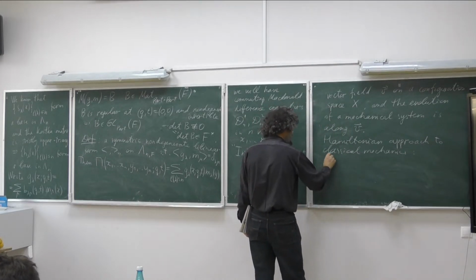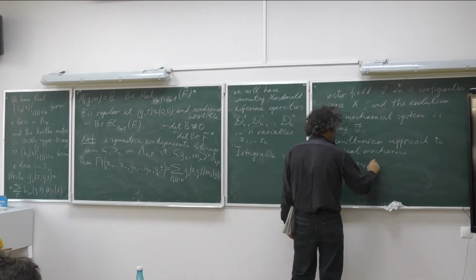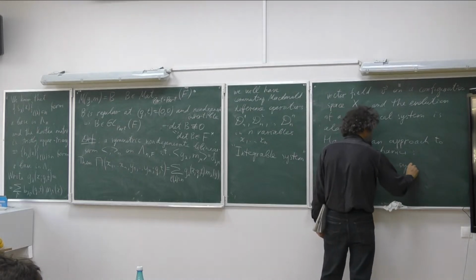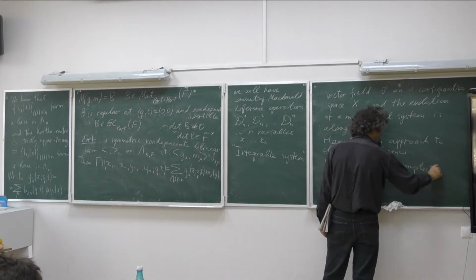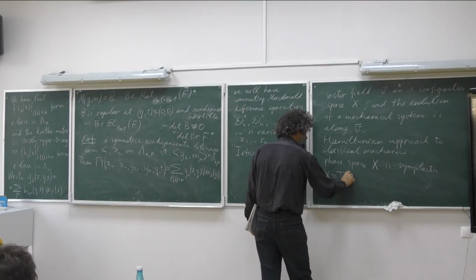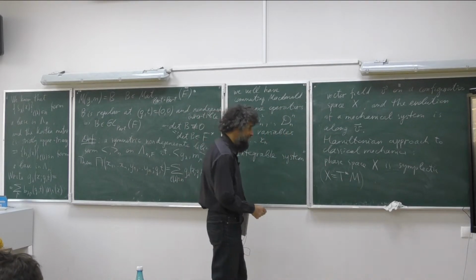When the phase space X is symplectic, say maybe X is the cotangent bundle to some other half-dimensional manifold M, but not necessarily.